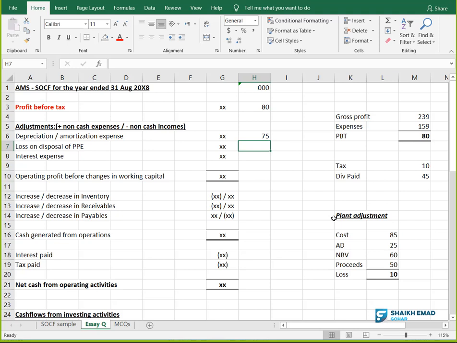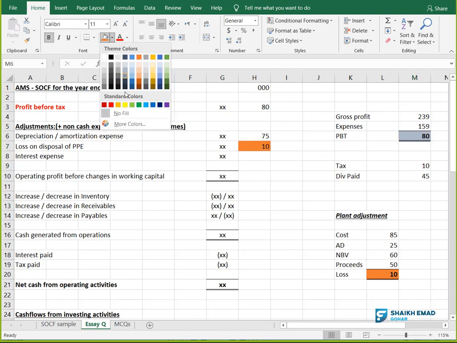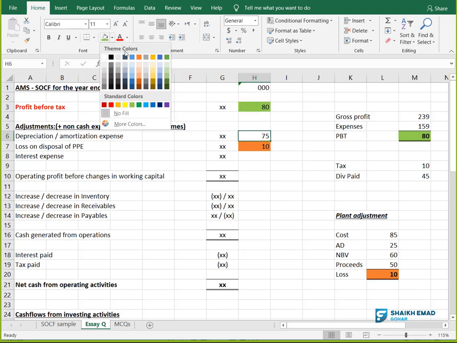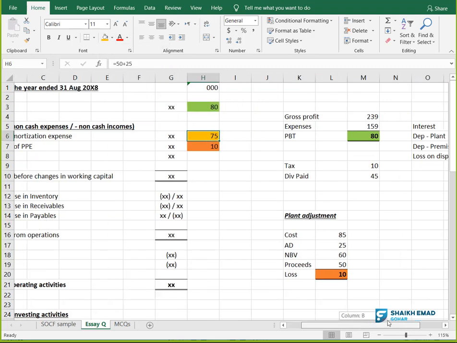Right? Loss on disposal, we also know. We just calculated. How much? 10. Remember 10? This 10, this one here. Okay. This 80 I took here. And this 75 I took from here.